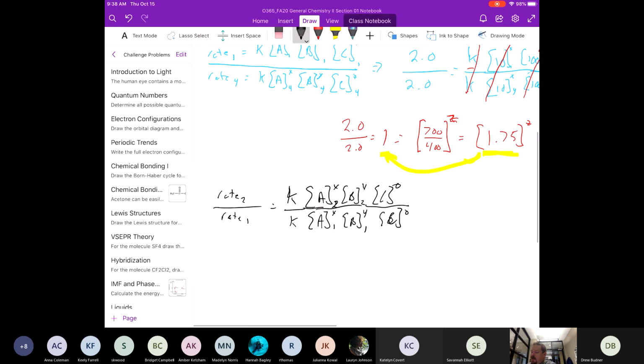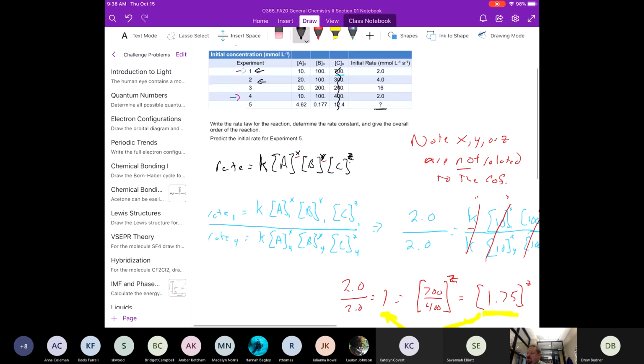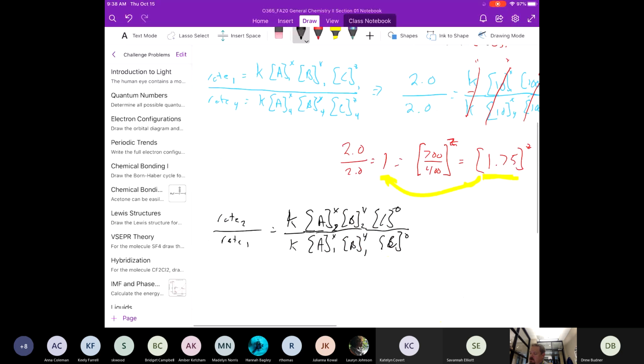Right? So the rate of 2 is 4, the rate of 1 is 2, so we're going to get 4.0 divided by 2.0 is equal to, now just like before, this cancels and that's going to cancel.